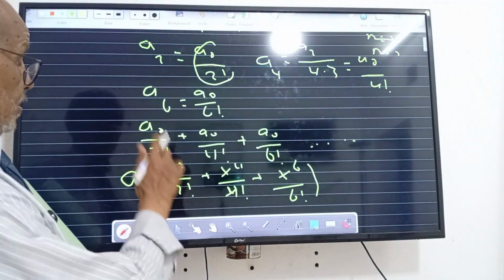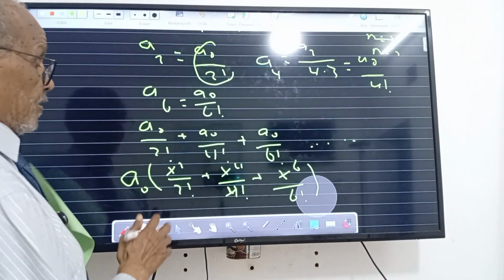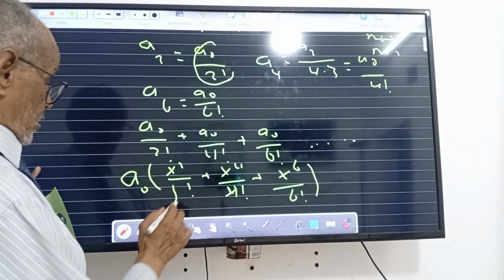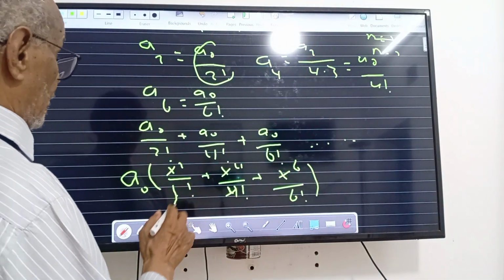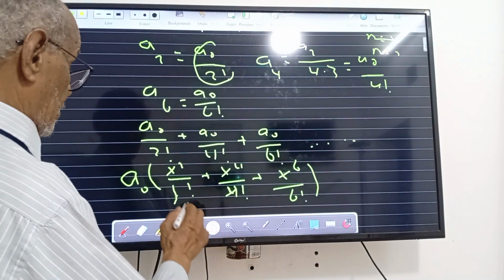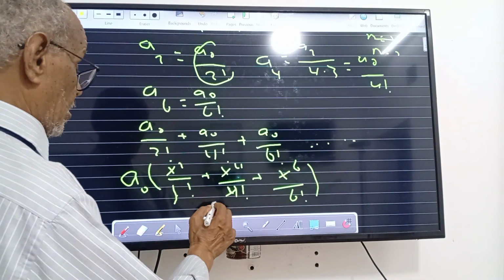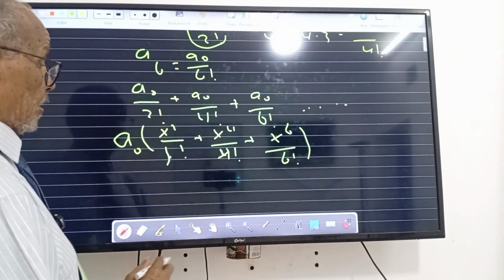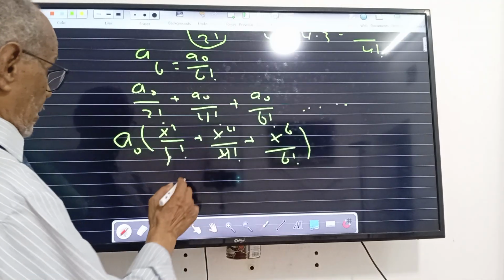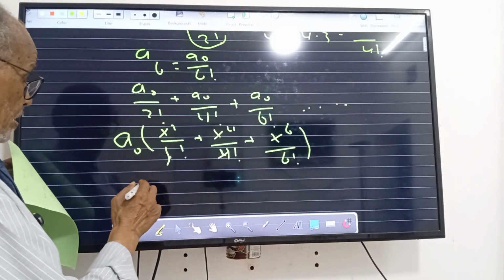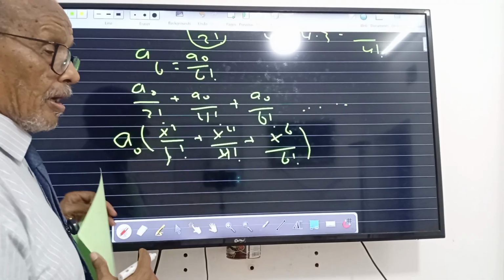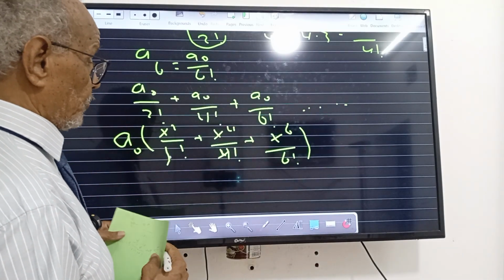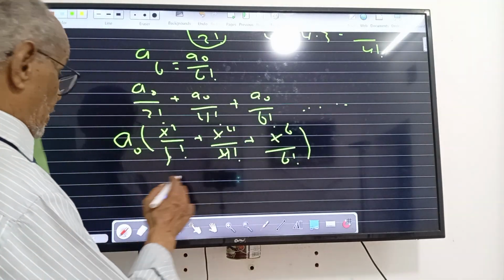Now, this time we will try the odd indices. The first term of the odd indices is A3.